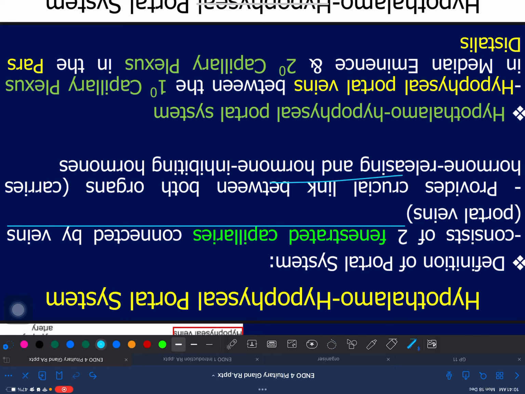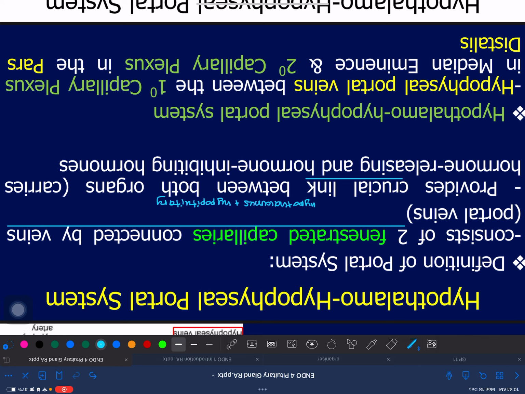The portal system also has hypophyseal portal veins between the primary capillary plexus and secondary capillary plexus. The primary capillary plexus is near the median eminence, and the secondary capillary plexus is present at the pars distalis.